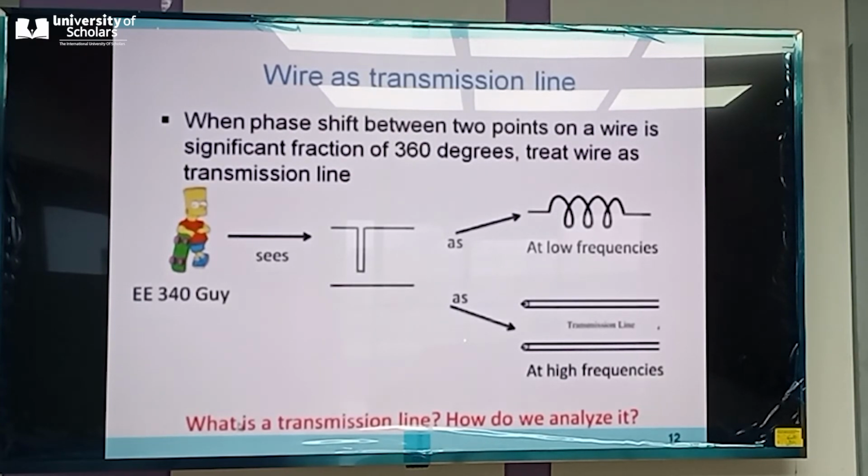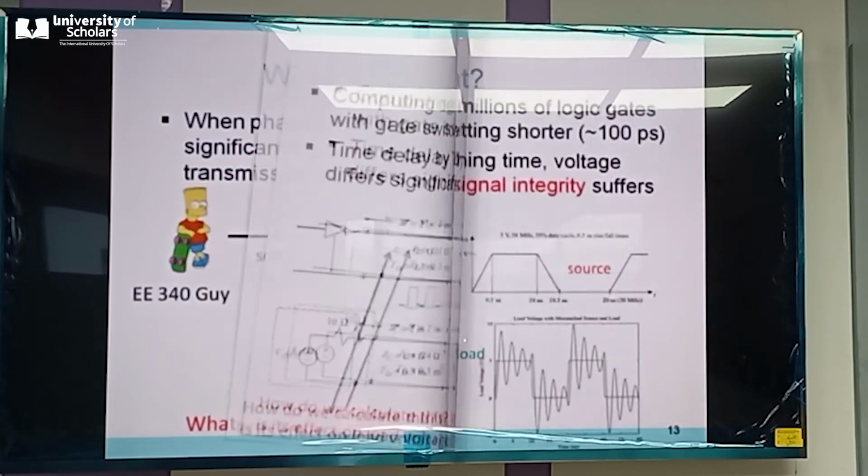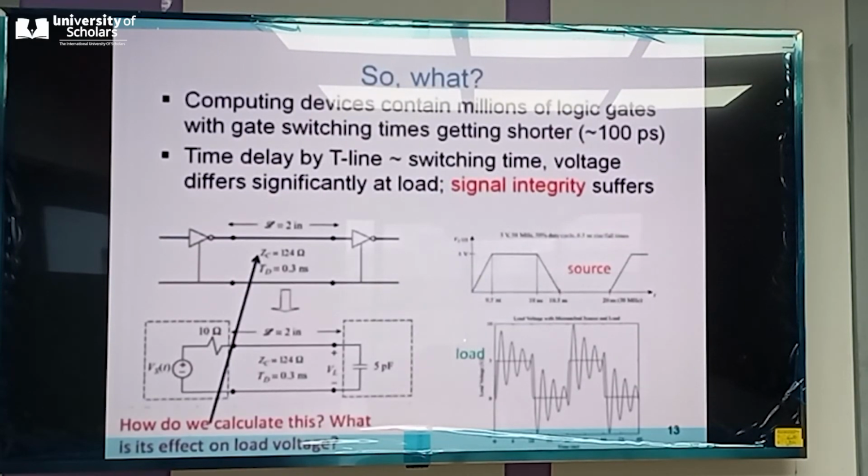The gate switching times, that is, going from high to low or from low to high, are getting shorter and shorter. Now you can have fast gates which switch in the order of 100 picoseconds.